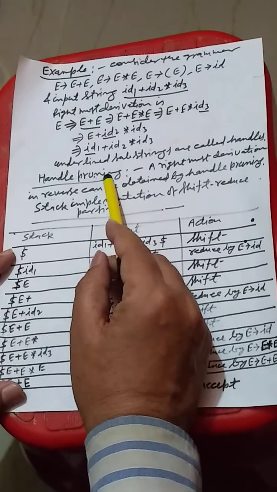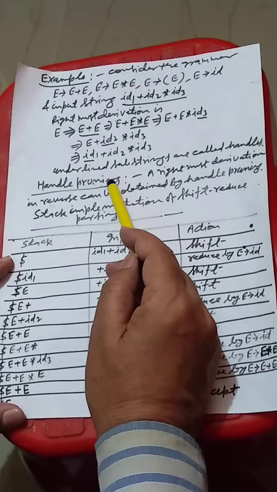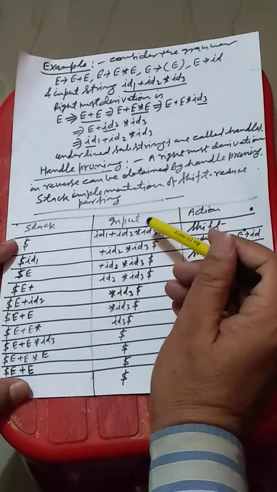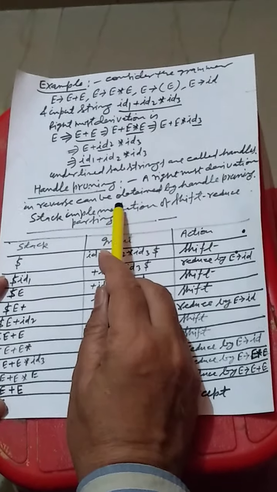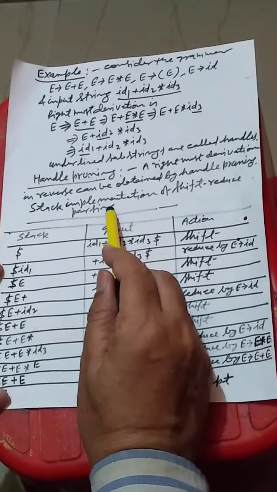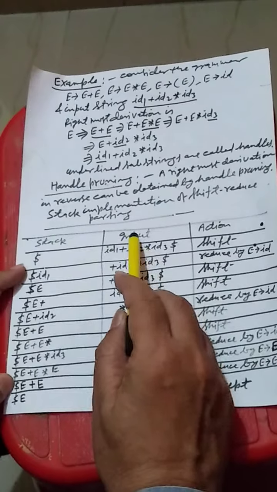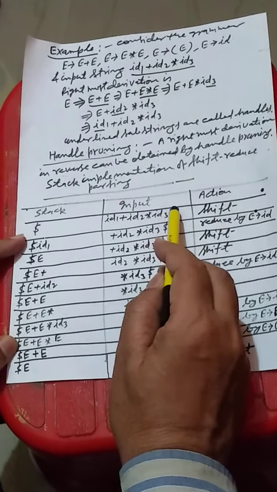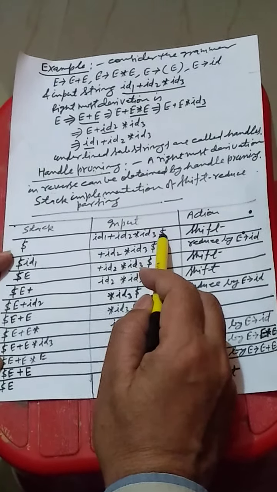So handle pruning is the reduction of the handle by the left side of the production rule. How will this be implemented? By using a stack. Shift reduce parsing uses a stack. So here is the stack implementation of shift reduce parsing by an example. The input string is id1 plus id2 into id3, ended by the dollar symbol, which denotes the end of the string.